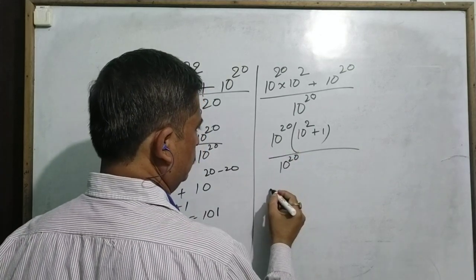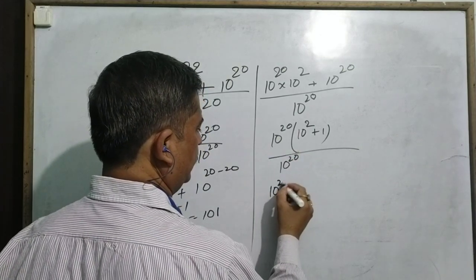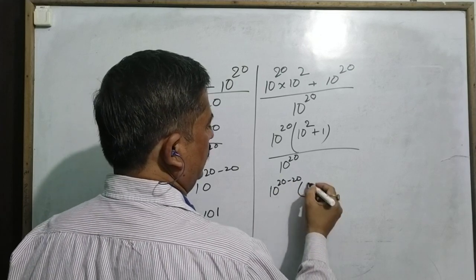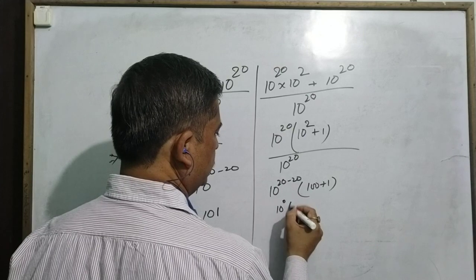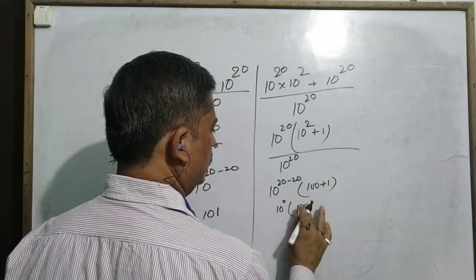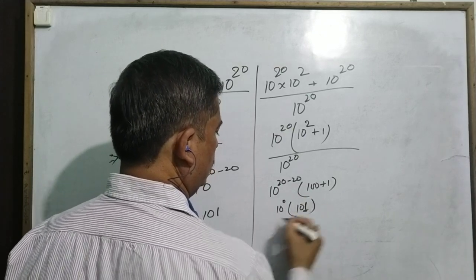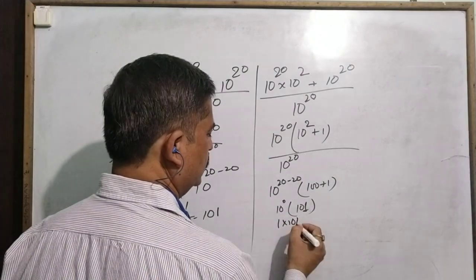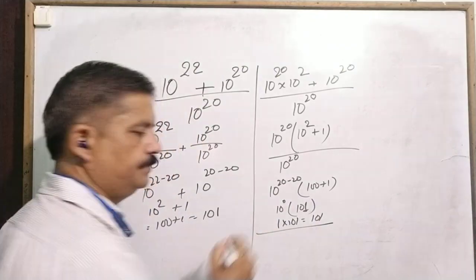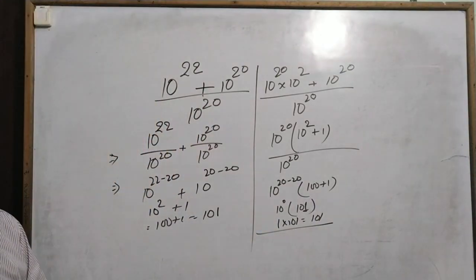Changing it, 10 to the power 20 minus 20, and 100 plus 1, that is 10 to the power 0 into 101. 10 to the power 0 is 1, so 1 into 101 equals 101. So we use different ways to solve different types of questions.